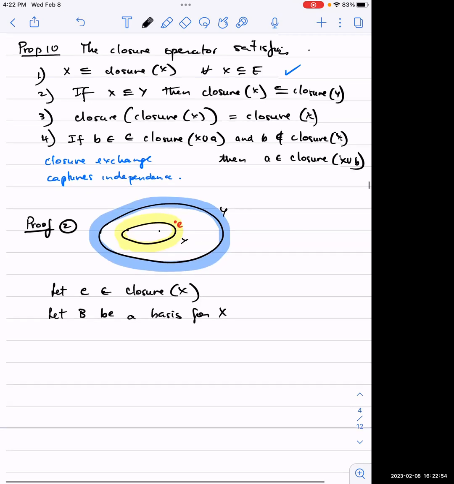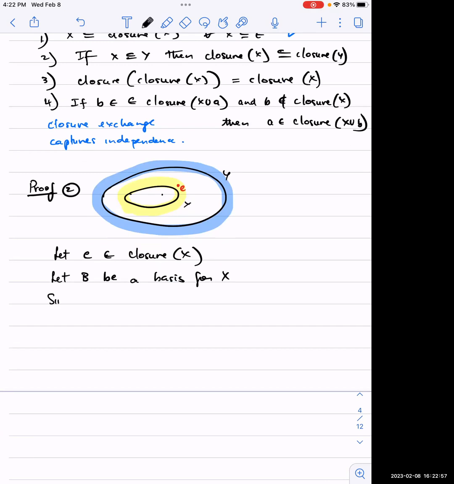Now, since rank of X union E is equal to rank of X, that's what it means to be in the closure.